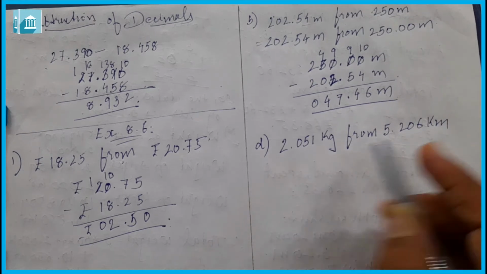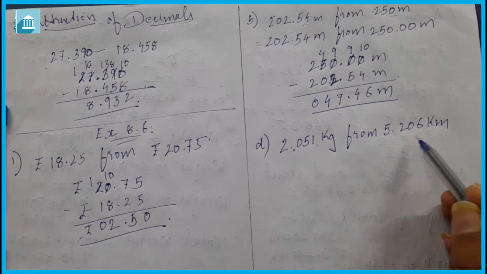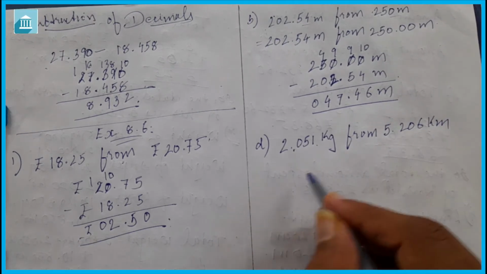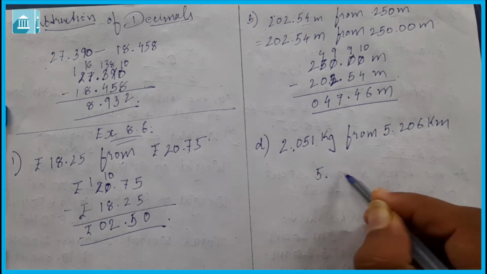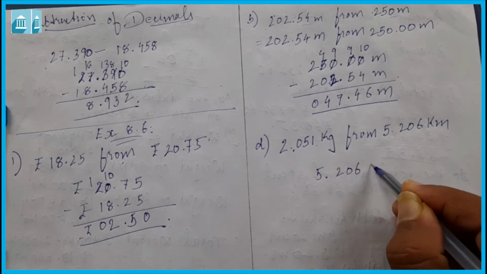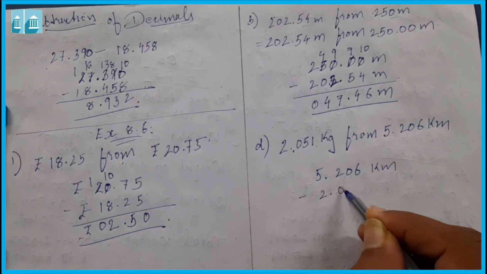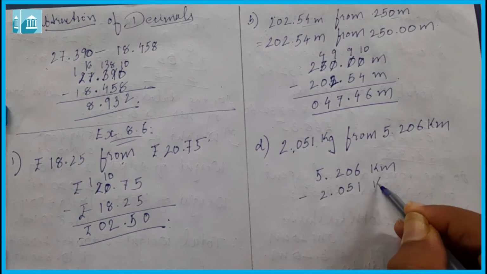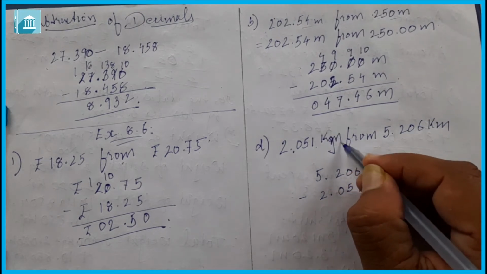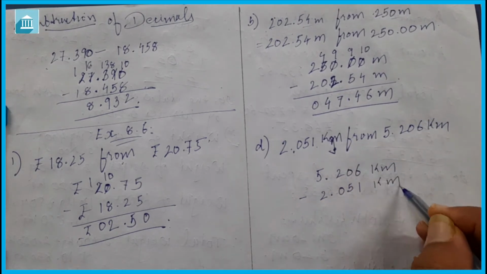Here both have 3 digits after the decimal point. So we can write 5.206 kilometer minus 2.051 kilometer.